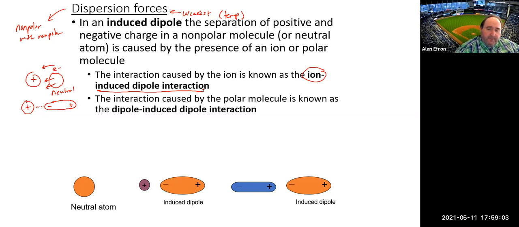It's a temporary attractive force between them. Electrons decide to go back, the ion decides to go away a little bit, and everything breaks apart. So it's really a temporary attraction that occurs. The same thing happens with dipole-induced dipole. The only difference is instead of an ion next to a neutral molecule, we take a polar molecule next to a neutral molecule.